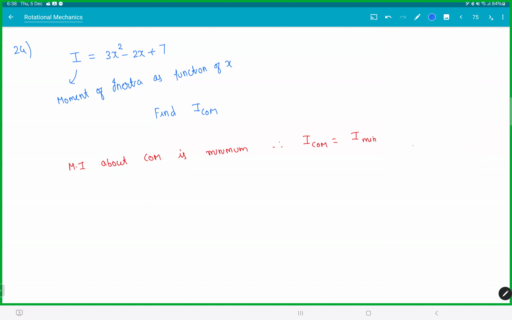How do you find minimum? Maximum minimum. First differential, dI by dx, 6x minus 2 equal to 0. You can check with a double differential, d square I by dx square, 6 greater than 0. So therefore, at x equal to 1 by 3, we do get minimum.